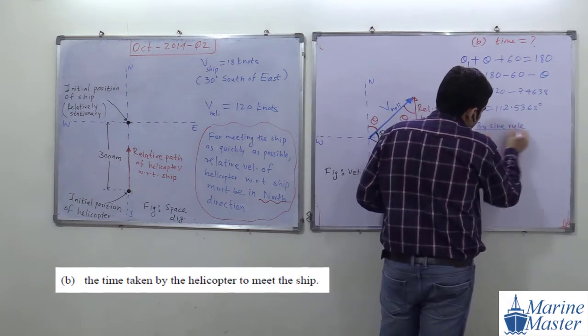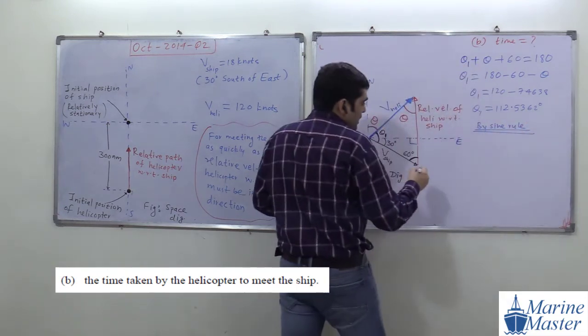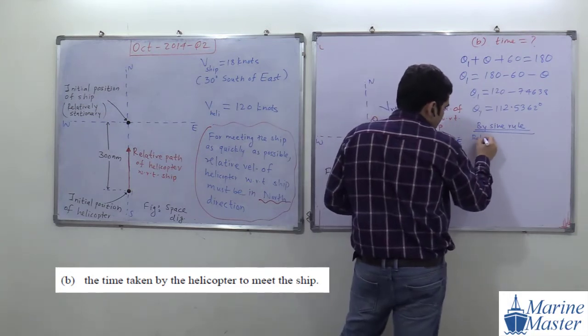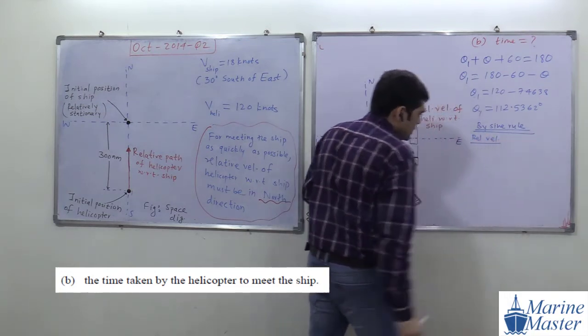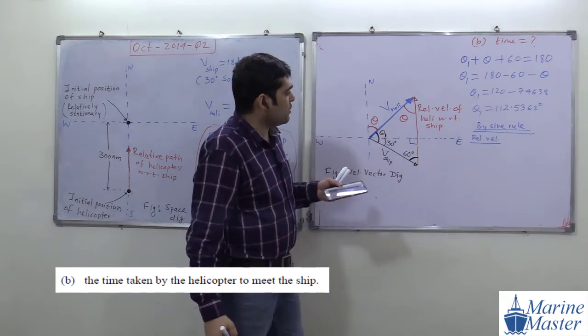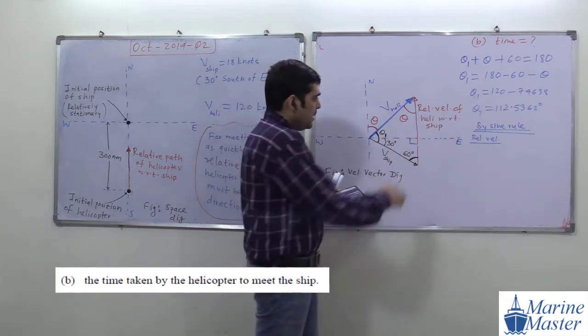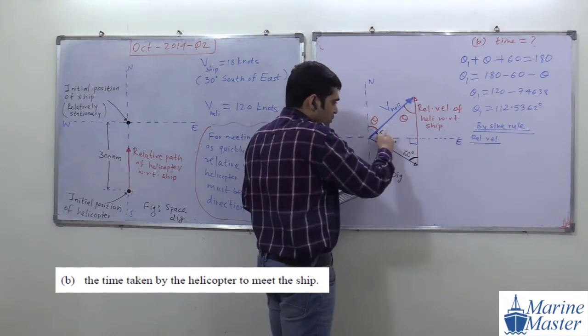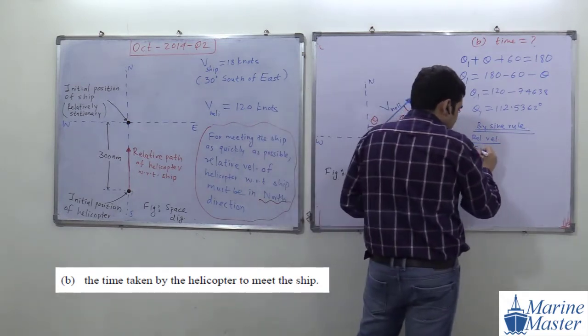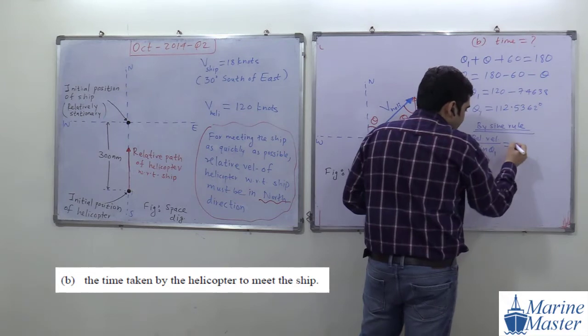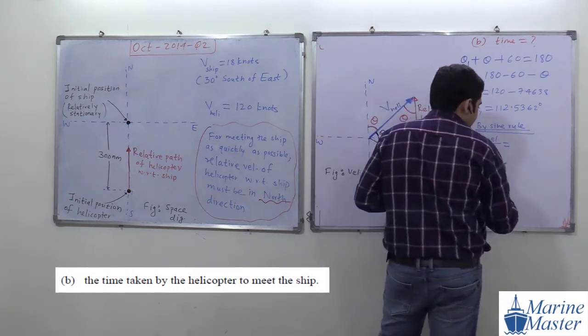So by the sine rule, try to see the scenario. Relative velocity is opposite to sine theta 1. Sine theta 1 is equal to what, guys?